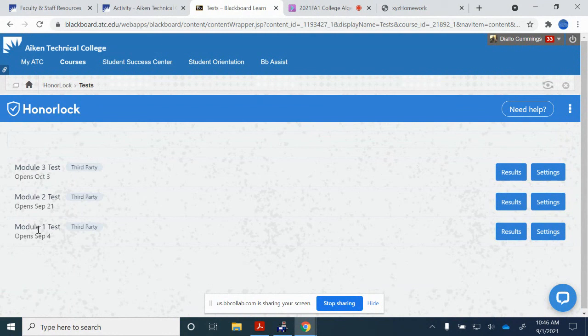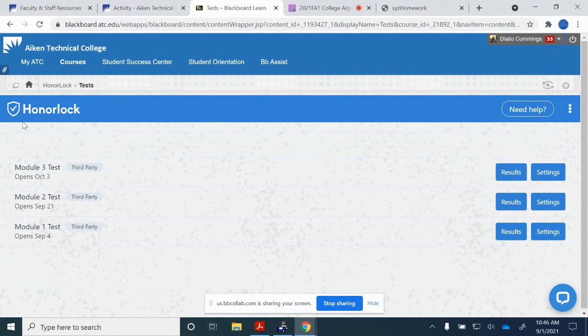Once you click on the module 1 test, you'll be redirected to HonorLock. I believe they're going to ask for a scan of your room, so you're going to need a webcam. You'll need a picture ID, so they just need to verify that you are the person you say you are taking the test.